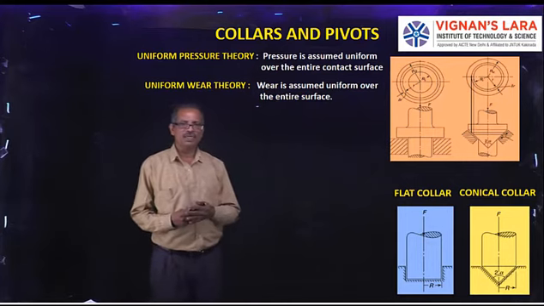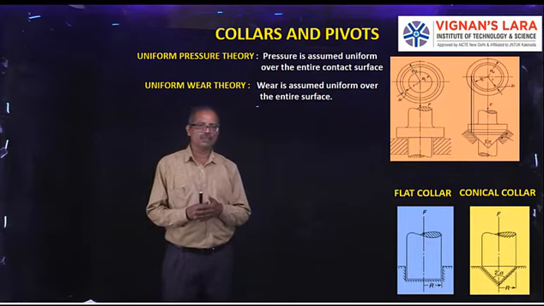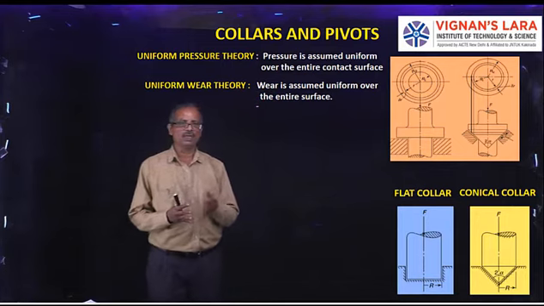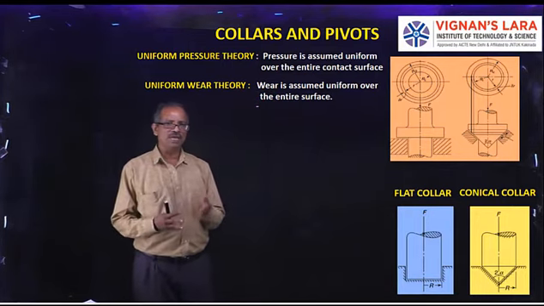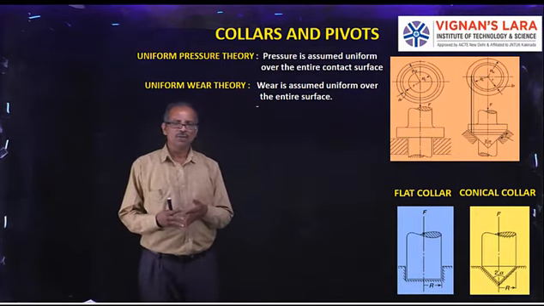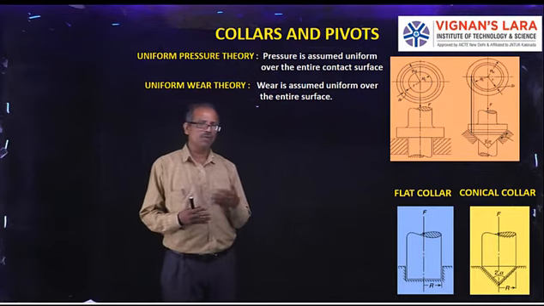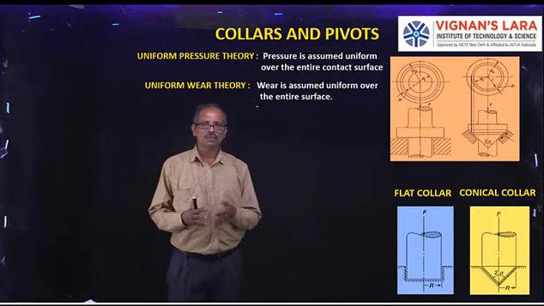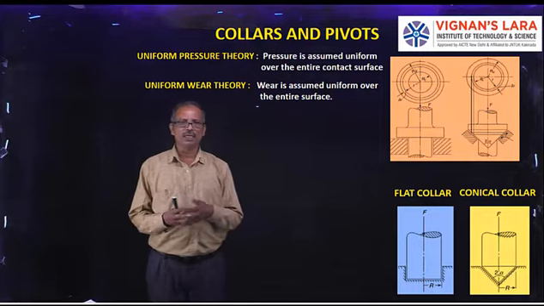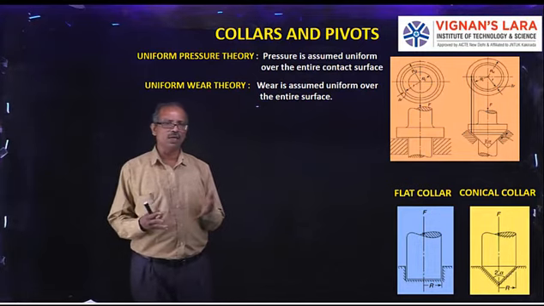You are aware of it, there are certain shafts which are revolving, and on those shafts there will be an axial load coming. So to take that axial load we have to provide a support. The support is provided either by means of a collar or a pivot.